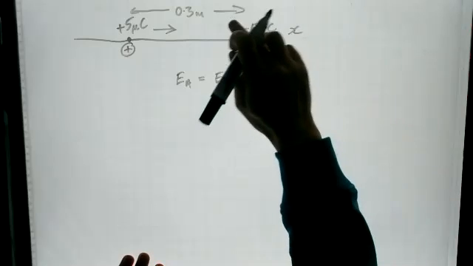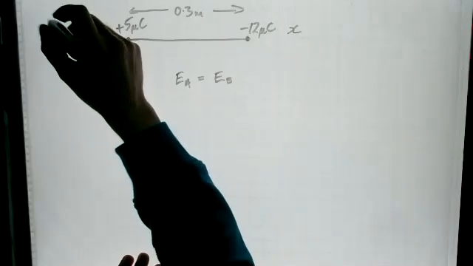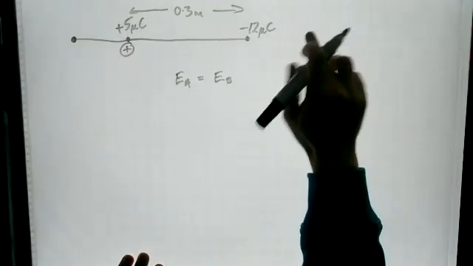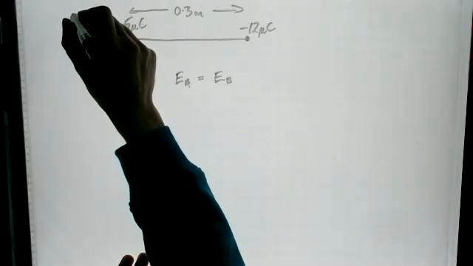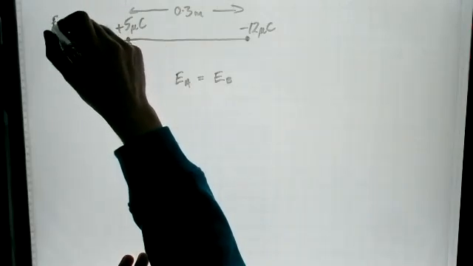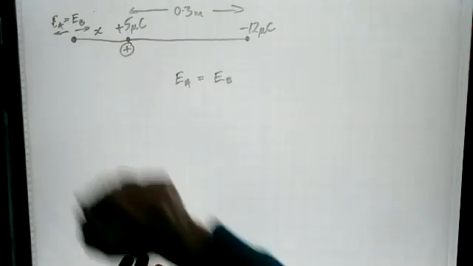So the field from A equals the field from B, in the two directions.